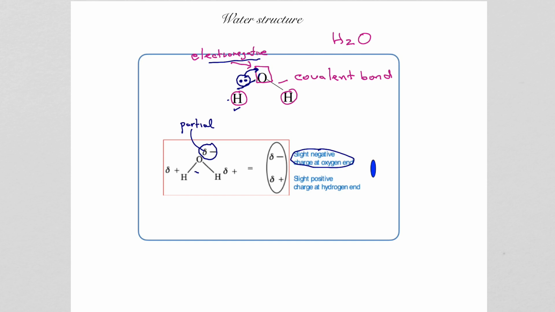The hydrogen end is, because the electrons are spending more time away from it, going to get a delta positive, a slight positive charge. So we can represent water with a slight negative charge on one end, slight positive charge on the other end, and we call that a dipole. It's like having two poles, a slight positive pole and a slight negative pole. Okay, and we will just represent water like this.